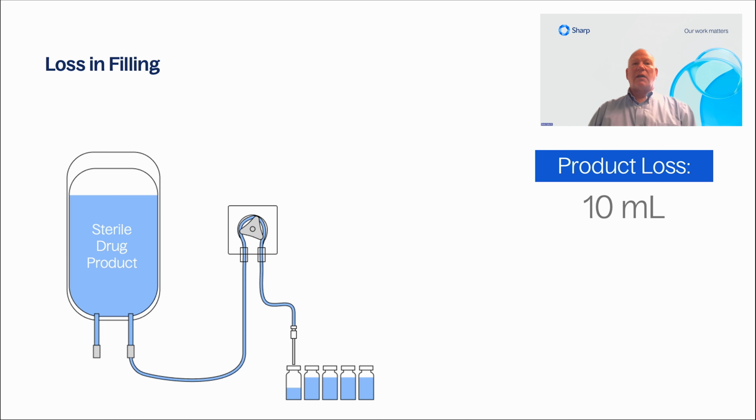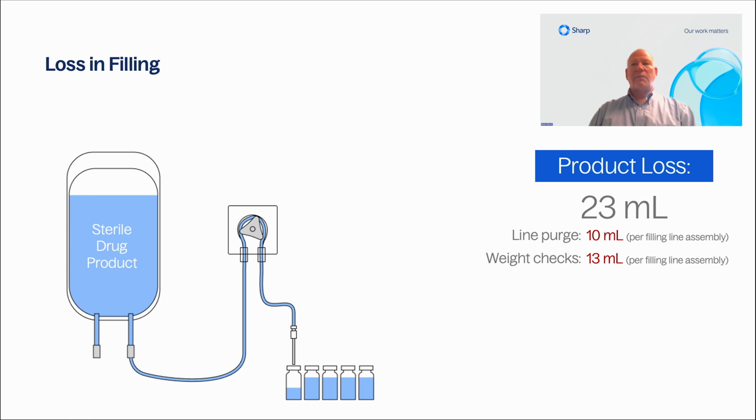We also have line losses and solution remaining in the vessel we are filling from, likely around 5 to 10 mL. So, after filling is complete, we estimate that 10 to 20 mL is lost in line purges, 13 mL is lost in destructive weight checks, and 5 to 10 milliliters is lost in the line. This is a total of 28 to 43 mL of loss just in sterile filling.